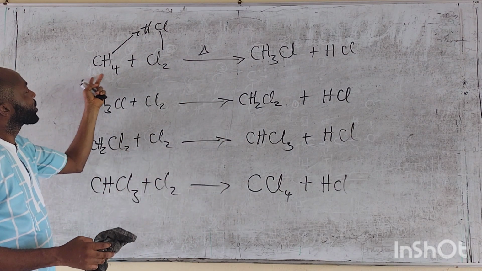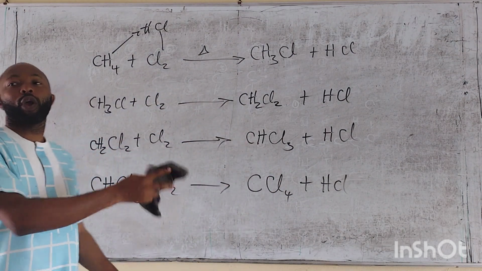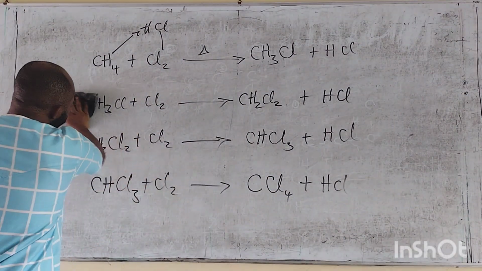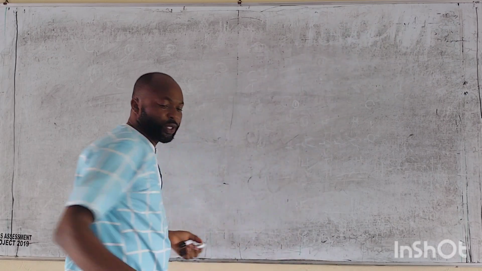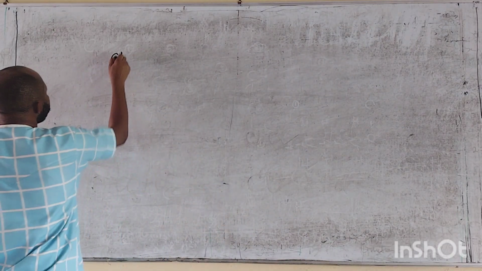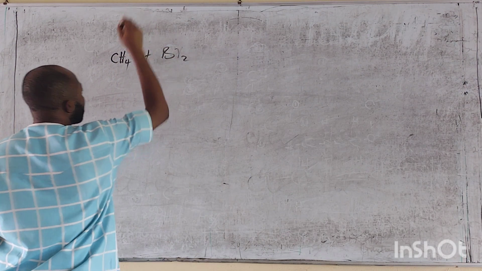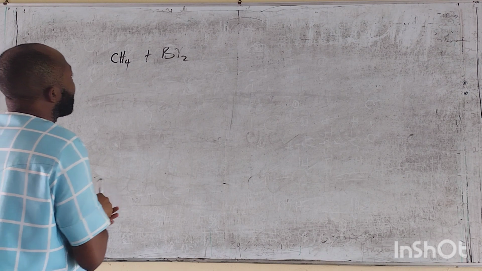What if the methane decides to react with bromine? Let us see how we're going to do that. Alright? Substitution reaction with bromine. So I have my CH4 plus bromine molecule here.